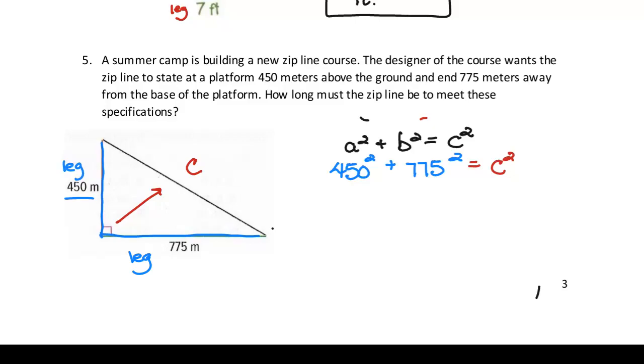These are really big numbers. I don't know. 450 squared, who's got that answer? What is it? 202,500 plus 775 squared. 600,635, 625?